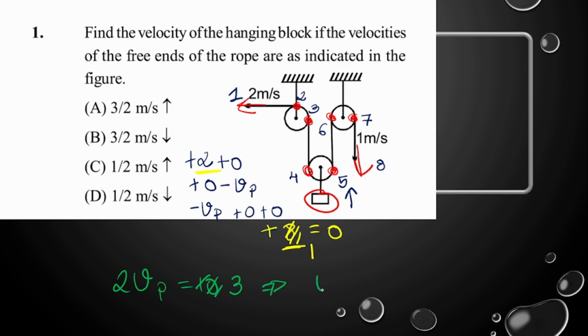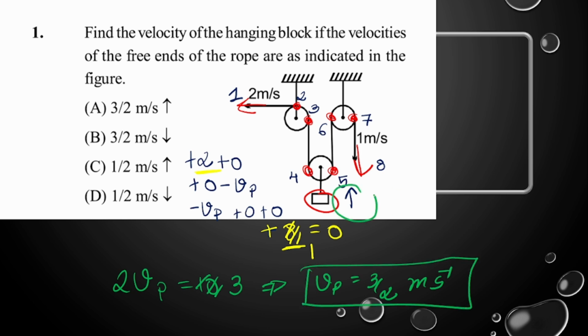So the velocity of the pulley equals 3 by 2. As our answer is positive, what we considered is correct: I considered that the pulley is moving upward, so the upward direction is correct. The answer is 3 by 2 meters per second in the upward direction. If the answer comes negative, it means the direction considered is opposite to the actual direction. So our answer is A.